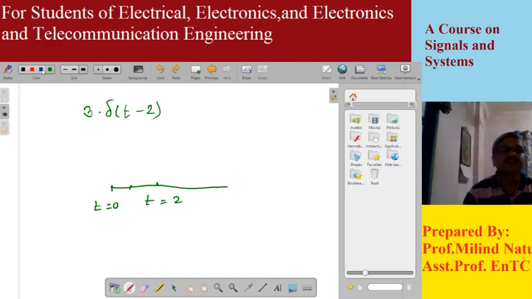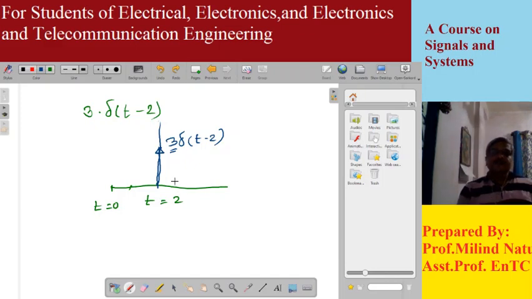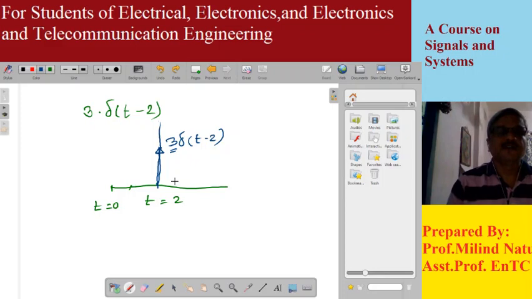At this t equal to 2, I have this unit impulse delta signal, but here the amplitude of this signal is 3, which means the area under this curve is equal to 3. So these 3 points I have to always remember: in case of unit step the amplitude is changing, in case of ramp the slope is changing, and in case of impulse we are changing the area.